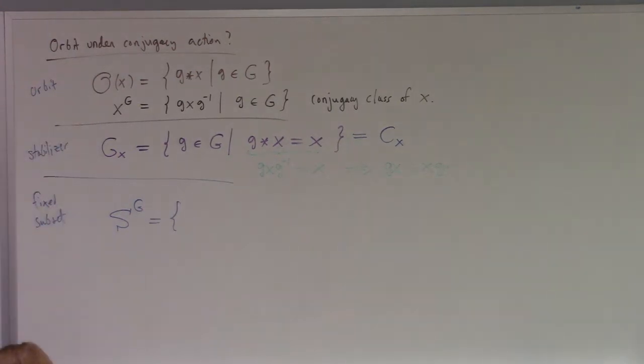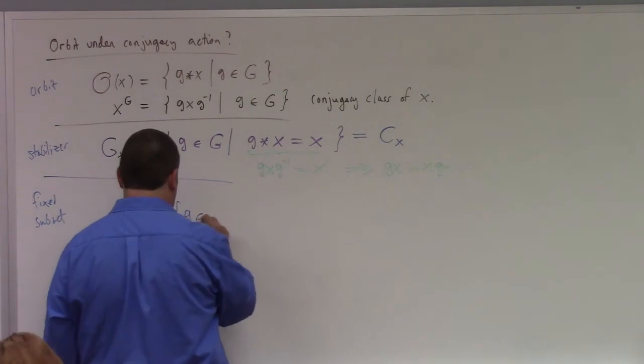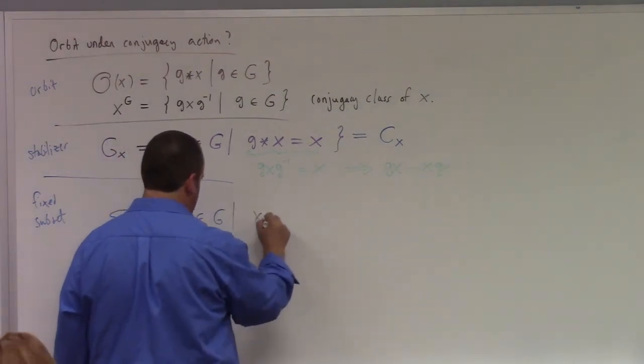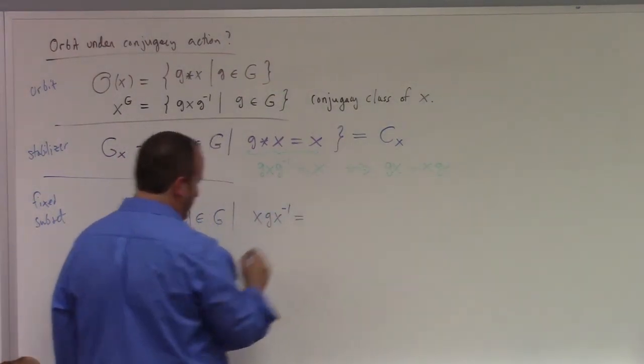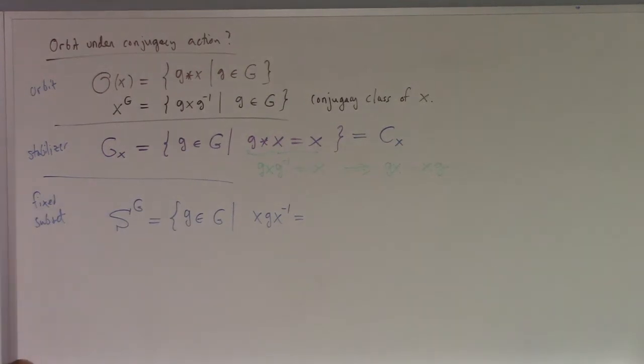It was the g in G such that xgx inverse is equal to g again for all x in G.